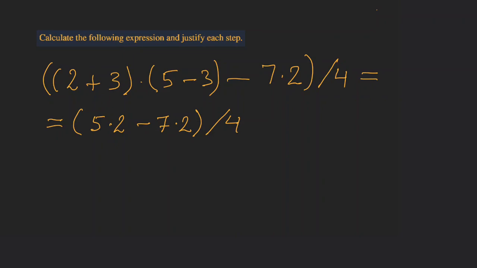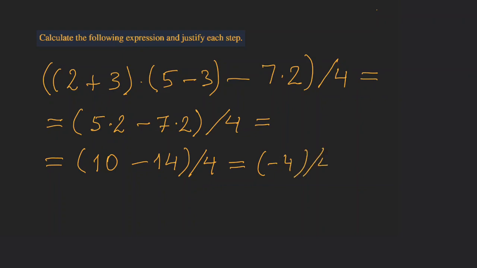Since multiplication has priority over subtraction, we first have to evaluate the products inside the parentheses, giving us 5 times 2 is 10, minus 7 times 2 is 14, divided by 4. The difference in parentheses is minus 4, therefore this equals minus 4 divided by 4, which equals minus 1.